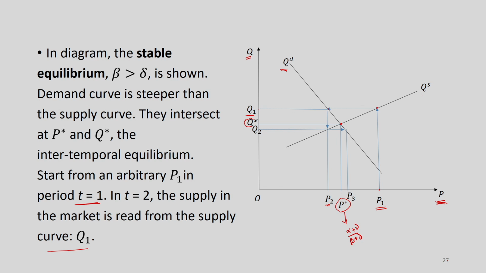That means the price has to be P2 in period 2, so that the buyers are willing to buy Q1, which has been produced by the producers in period 2. So, the price drops from P1 to P2, and in particular P2 is less than P star.